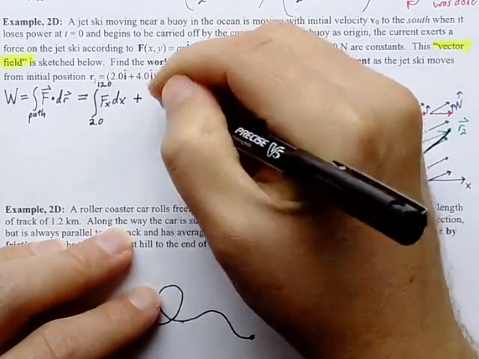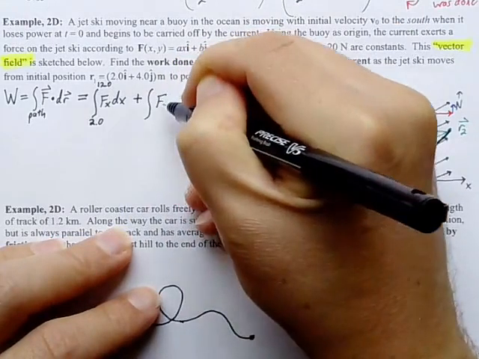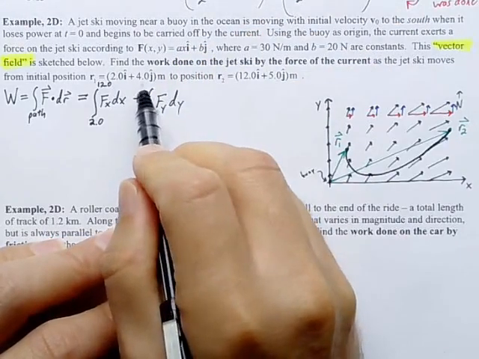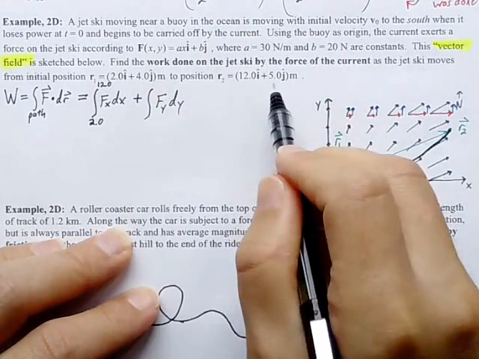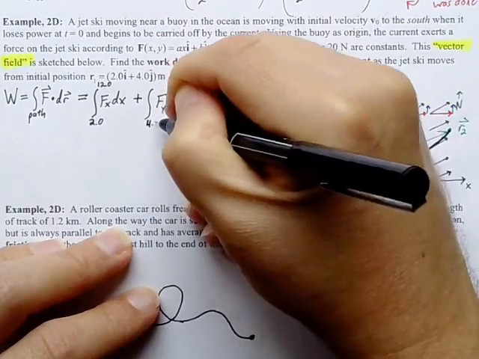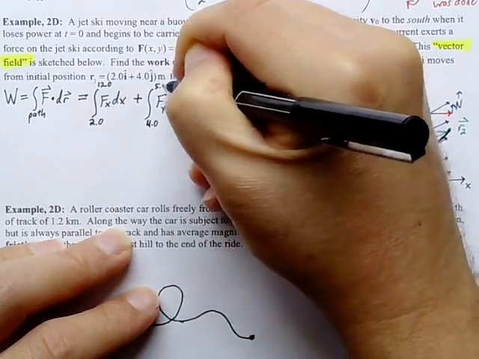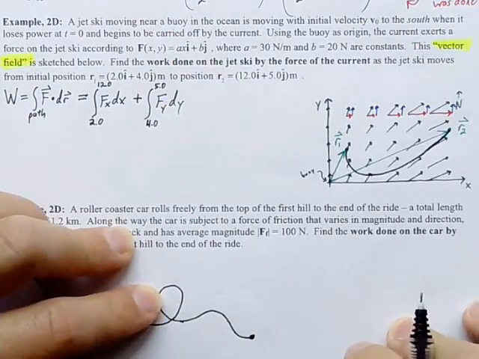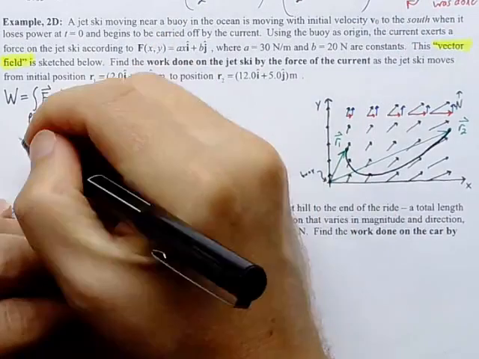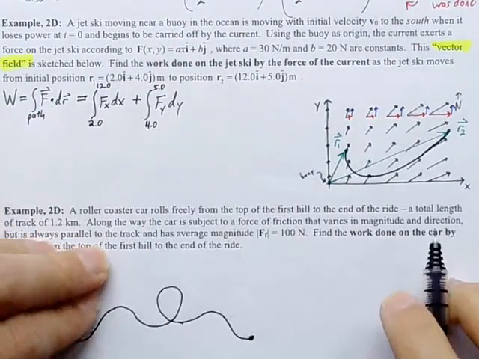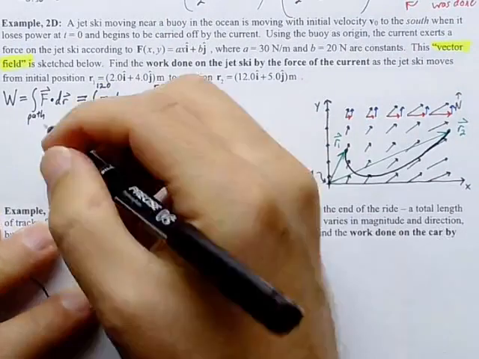Plus the integral in the y direction, fy dy, going from our initial y coordinate, which is 4, to our final y coordinate, which is 5. Okay. Now we can plug in our integrands here for fx and fy.